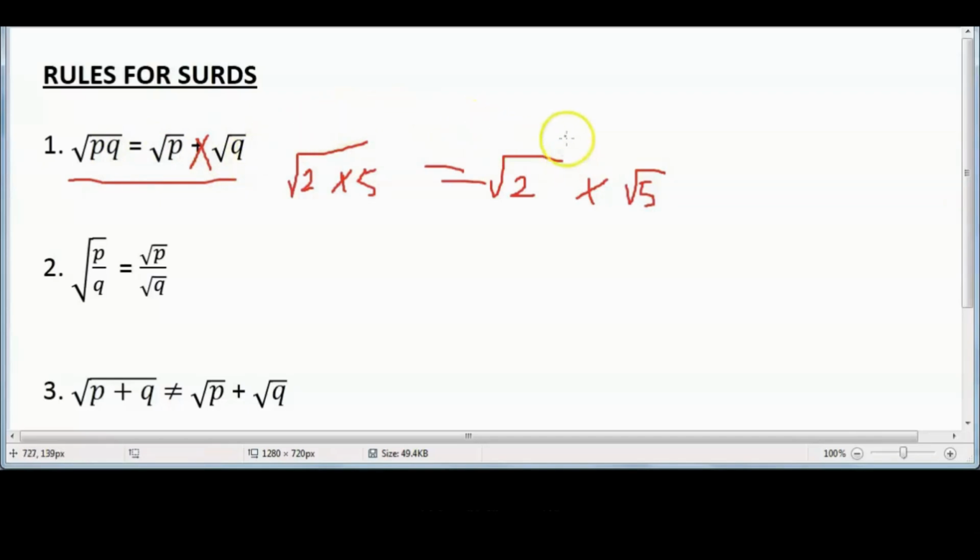Or we can also write root 12 as 3 times 4. 3 times 4 is 12.